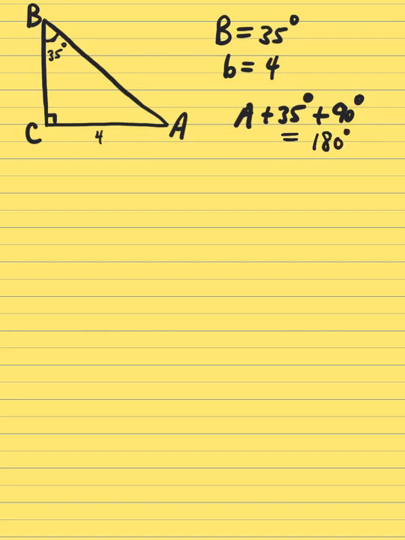Okay, so if we subtract 90, that gives us A plus 35 degrees is equal to 90. Subtracting 35, 90 minus 35 is 55. So we have found angle A.